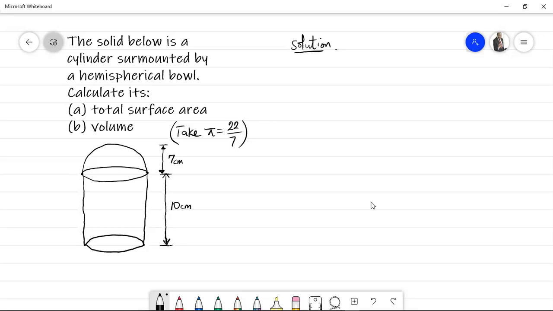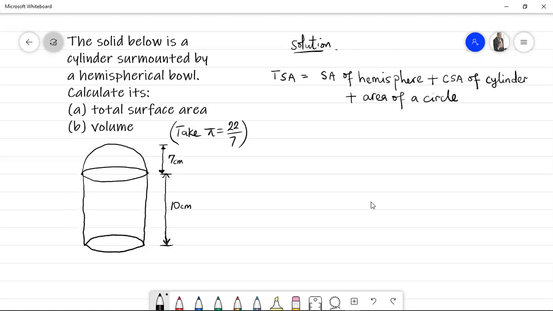So if I want to find the total surface area, TSA, the total surface area of this shape is going to be the addition of the surface area of the hemisphere, plus the curved surface area of the cylinder, plus the area of a circle.